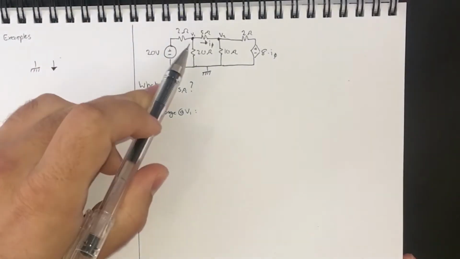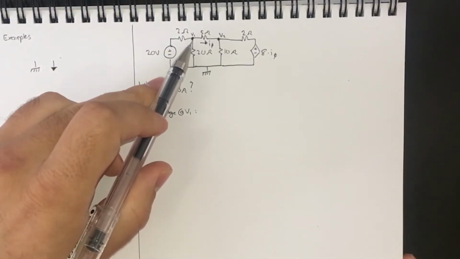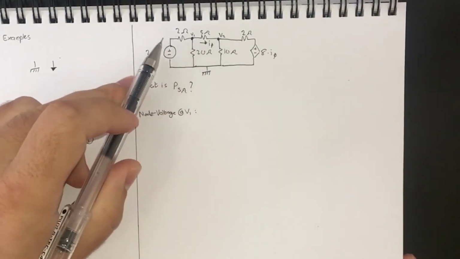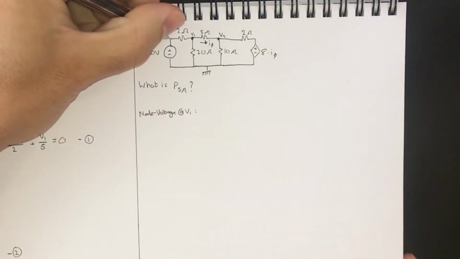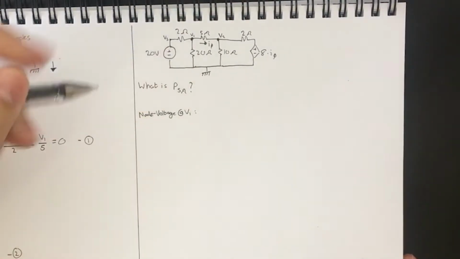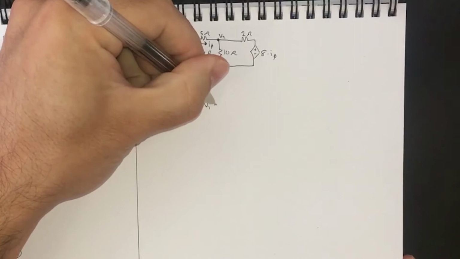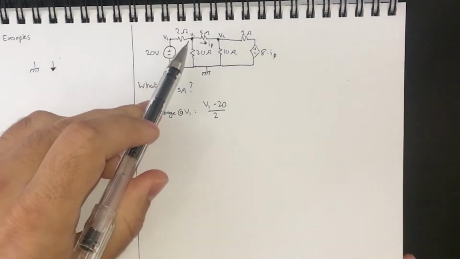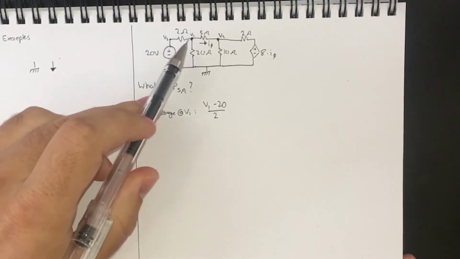So let's do node voltage. At V1 we have the current flowing out of this path. So we have V1 minus Vs, which is 20 volts, over the 2 ohm resistor. So we have V1 minus 20 over the 2 ohm resistor. So essentially, what is the current flowing out of this node here?